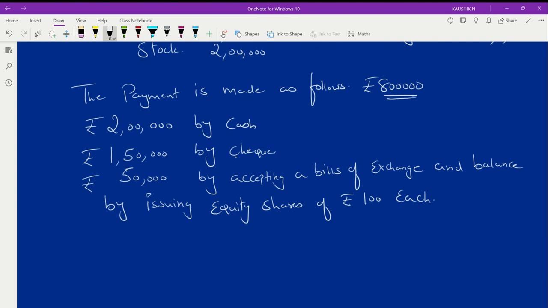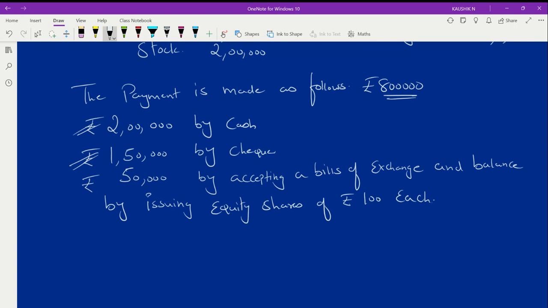Out of this 8 lakhs, 2 lakh is gone, so the remaining is 6 lakhs. Okay, here 1,50,000 has come by check. So how much balance will be there?